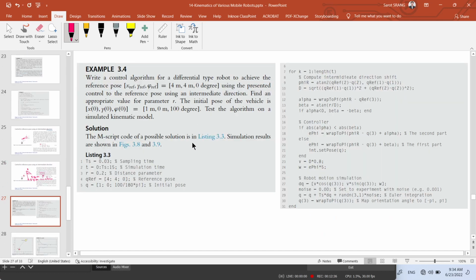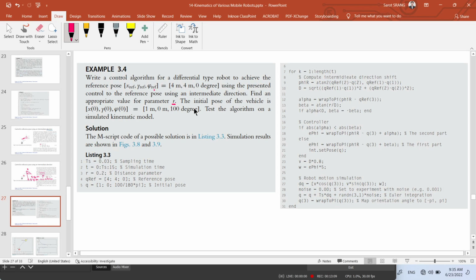So here let's see an example. Write a control algorithm for a differential type robot to achieve the reference pose. This is the goal: 4 meters and 0 degrees. Use the presented control to the reference pose using an intermediate direction. First, the example asks to find an appropriate value for parameter r.